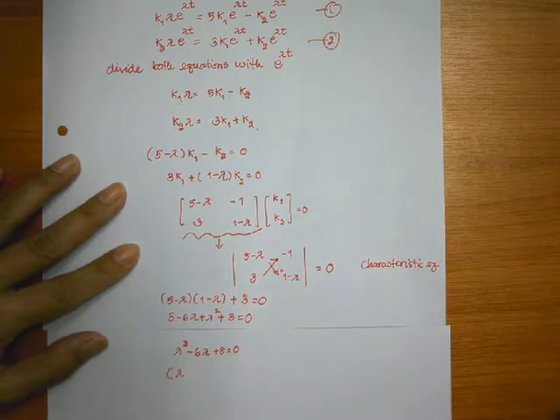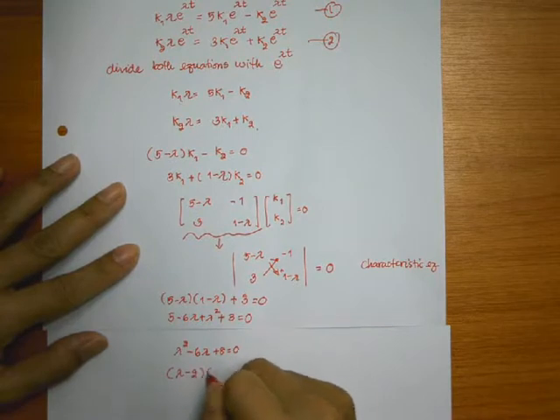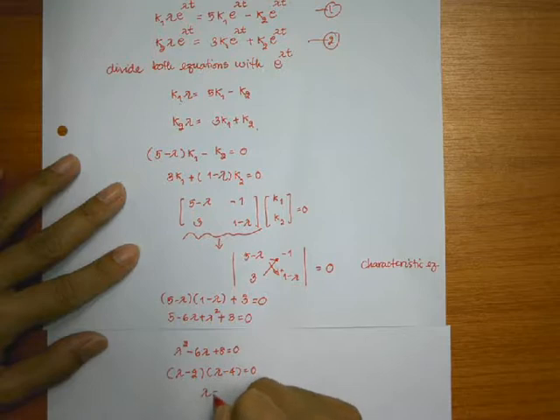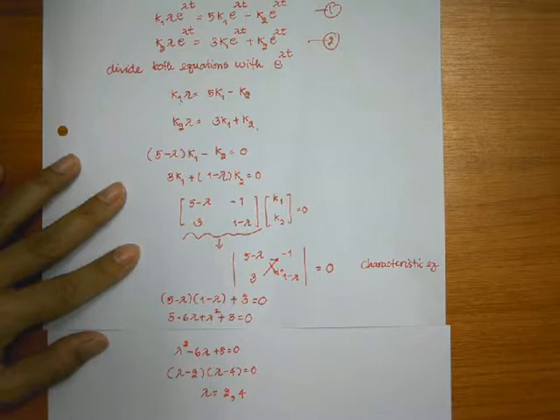Lambda minus 2 and lambda minus 4. So that means lambda is equal to 2 and 4. 2 and 4 are real numbers and unrepeated. So we got unrepeated roots for lambda, which means we are in the first case, right?